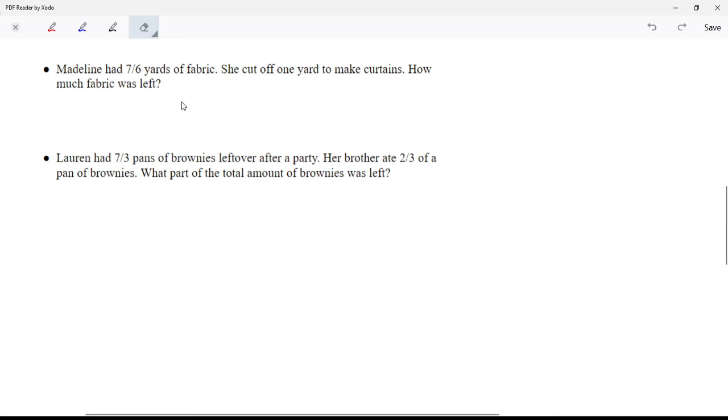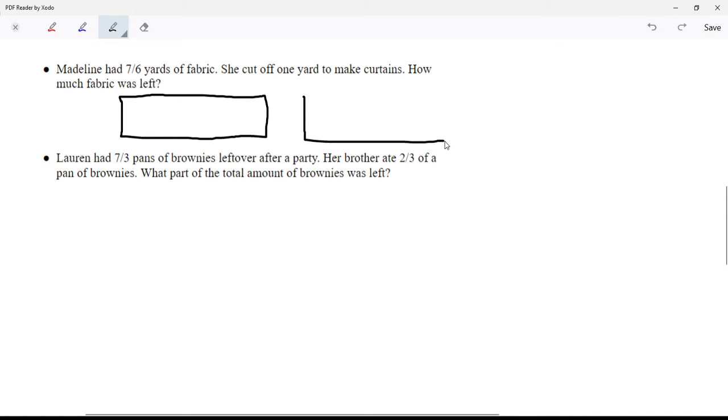So there are a couple of things. Okay, so technically we're thinking about yards of fabric. So I guess we could do rectangles here.